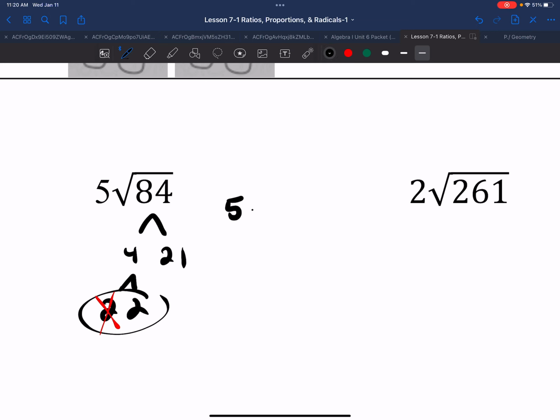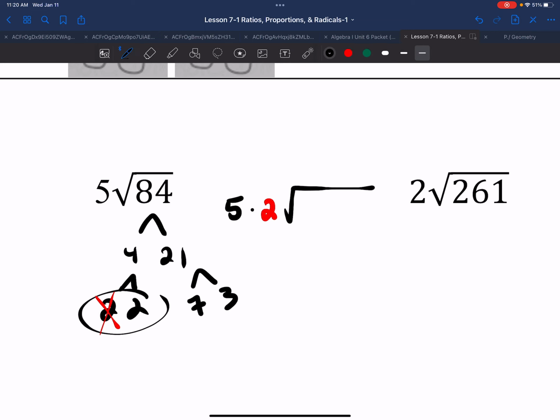So I have 5 times the 2, which is the square root of, okay, let's go ahead and break down the 21. 7 and 3. Oh, no. If I break down the 7, I can't. I get only 7 and 1. If I break down the 3, well, I can't, because I get 3 and 1. And that's going to be an infinite issue.